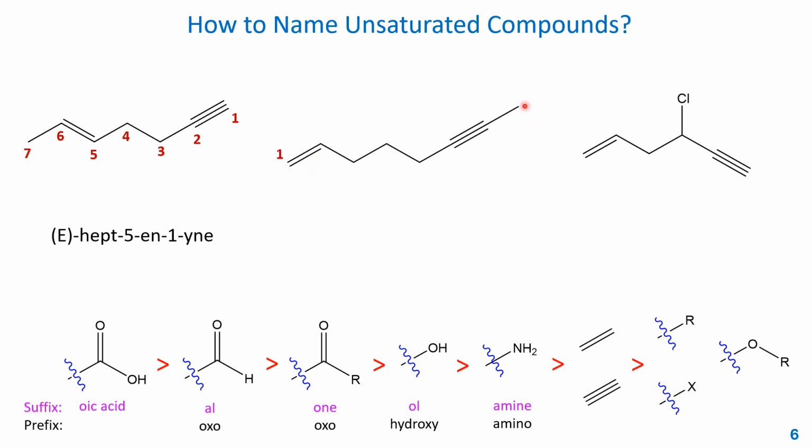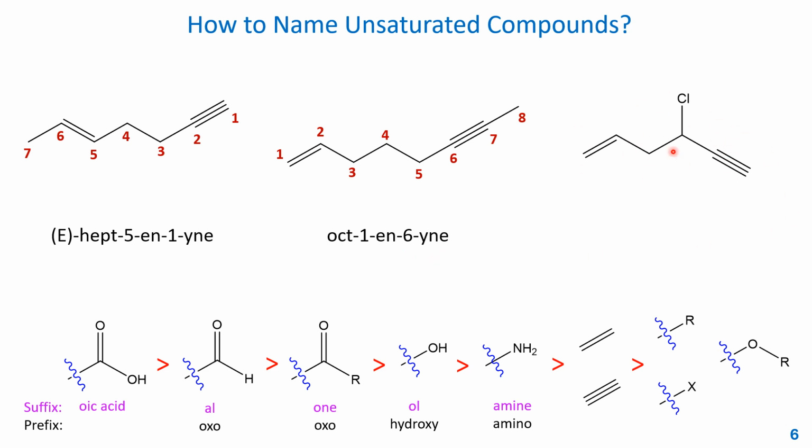If you number this one, the alkyne will be number 2. So 2, 3, 4, 5, 6, 7, 8. We have oct. And then the name will be oct-1-en. It's 1 double bond. Okay, the double bond location is 1, and then the alkyne triple bond location is 6. Okay, so oct-1-en-6-yne.